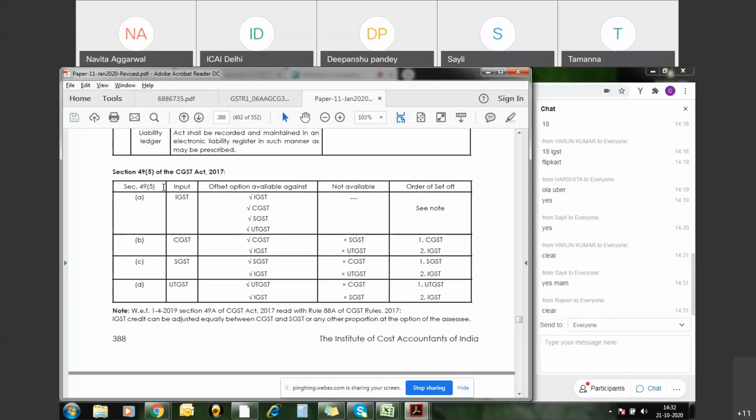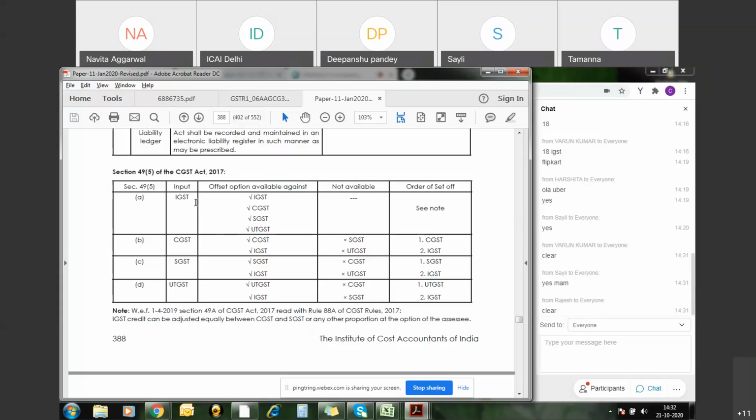These rules are defined under subsection 5 of section 49 of the CGST Act. This is the table. There is input available of IGST, and input available against CGST, SGST and UTGST. Now, what is the offset option available?